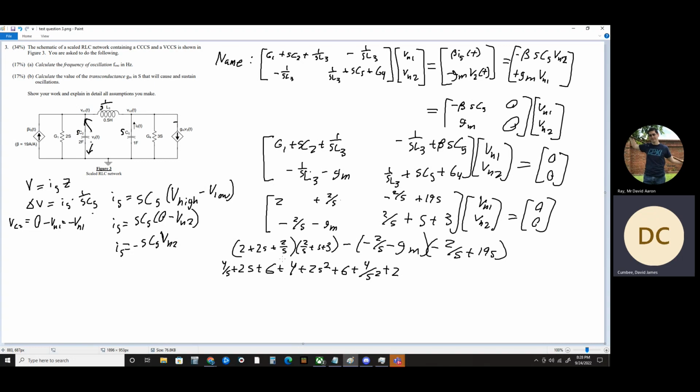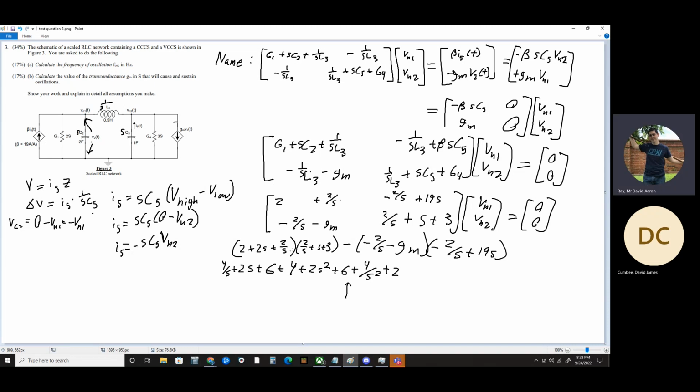Wouldn't 2S times 3 be 6 over S for that? This one? The 2S squared, yeah. Would that be 2 over S? Let's see. Or 6 over S, sorry. Oh, wait, so I had the 2S squared, so 2S times S. Yes, you're right.